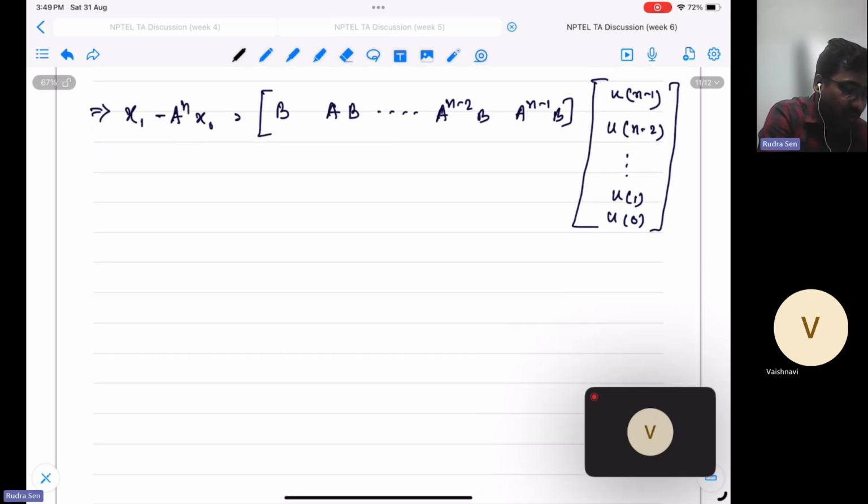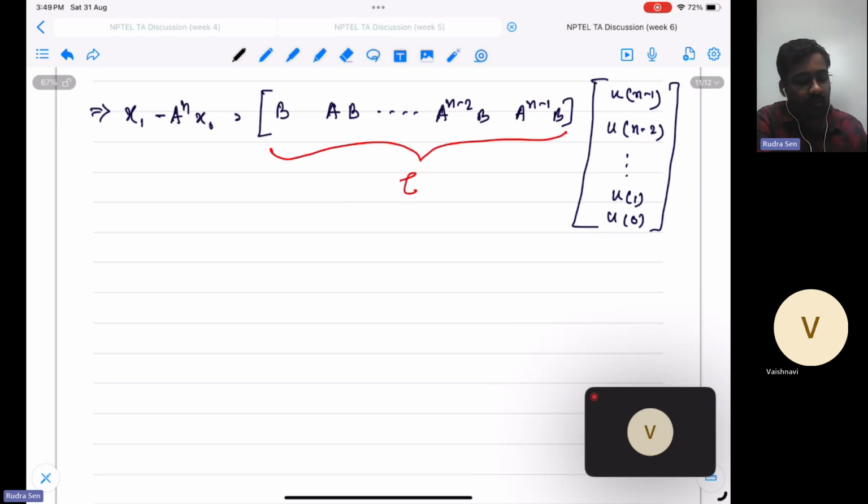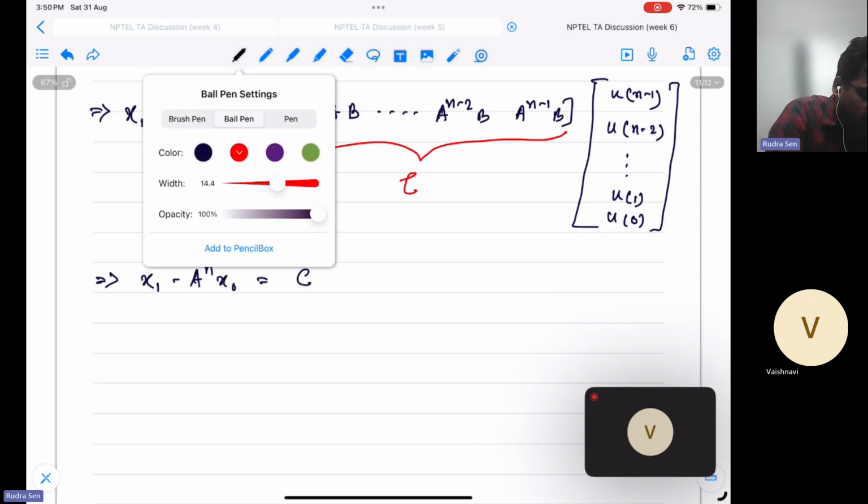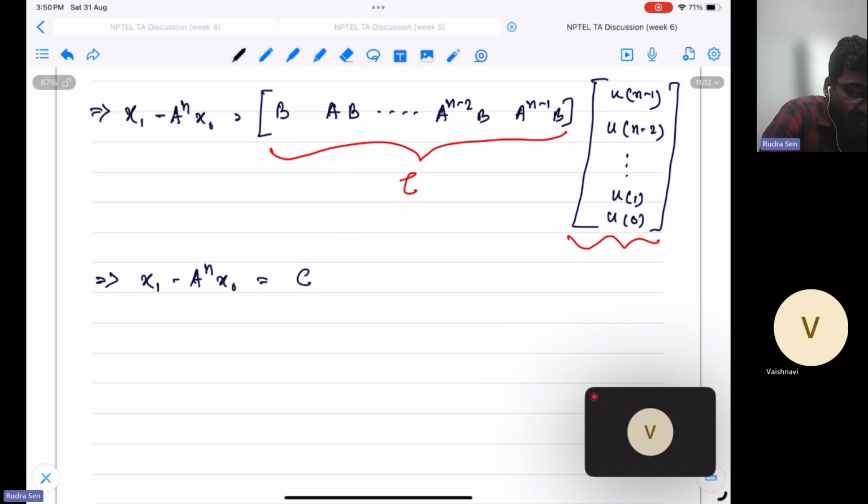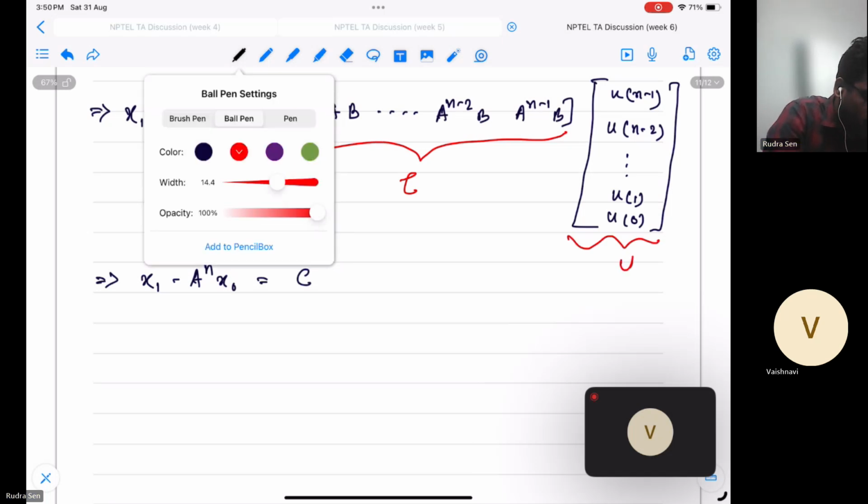So we basically call this matrix the controllability matrix, right? I'm writing it as a cursive C. So that means xn minus A to the power n x0 equals C into, and I'm writing this big term as a big U.